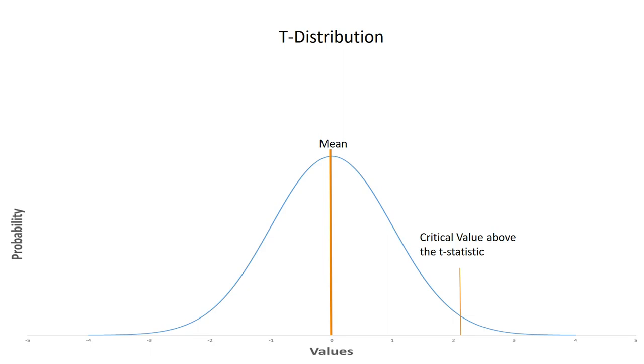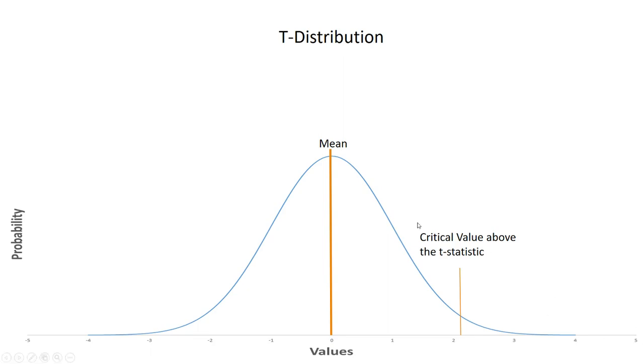The critical value is some value of the t-statistic above which I will reject my null hypothesis. That means when I calculate my t-statistic, if it is above a certain value, I will reject the null, and I will conclude that I have evidence to suggest that the null is false.